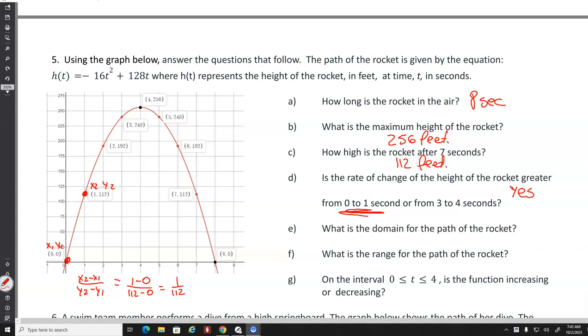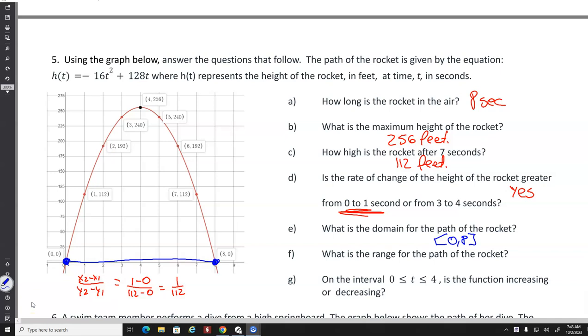All right, and next one is, what is the domain for the path of the rocket? So remember, domain cannot be negative infinity to infinity when we talk about real-life events. So our domain here is going to be from 0 to when it lands, okay? When it starts and when it lands, which is this piece right here. So our domain would be 0 to 8, including those points.